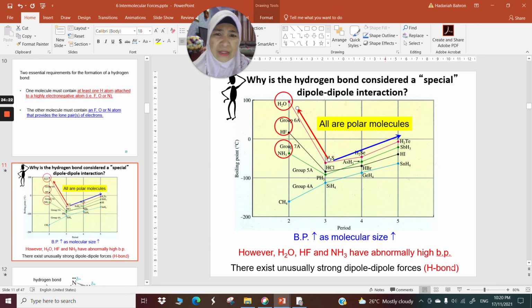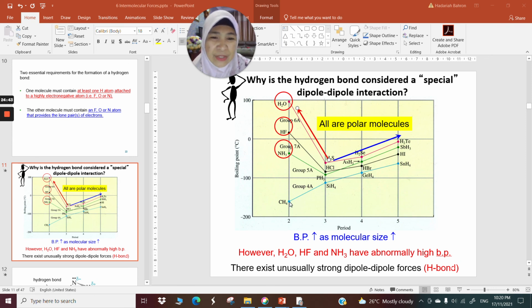Now, the arrow that is colored red is the upward trend of boiling point, as well as the blue.